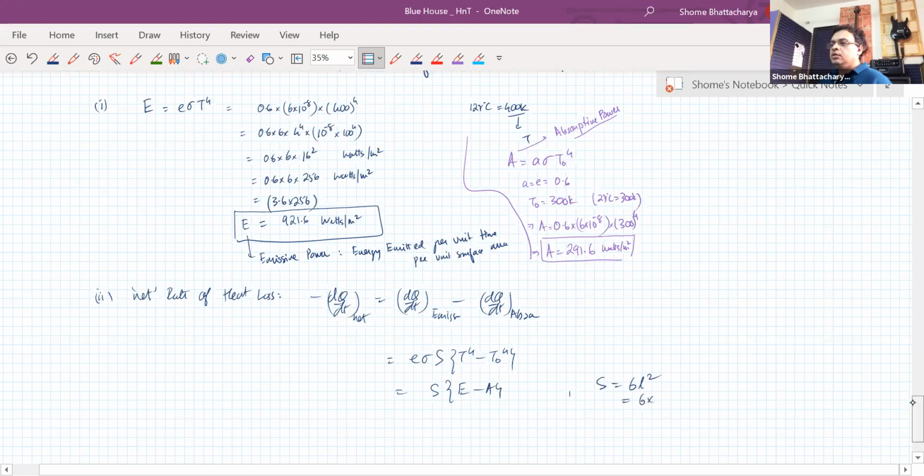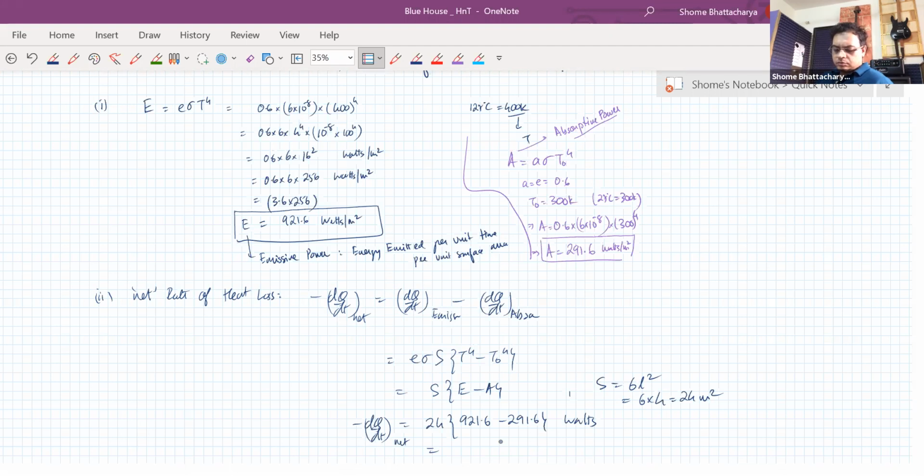L was 2 meters, so it is 24 meters square. So it will be 24 multiplied by 921.6 minus 291.6. This will be in watts. So this will become 15120 watts, which is the rate at which it is losing heat.